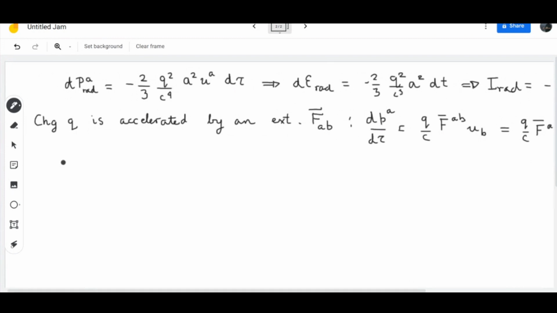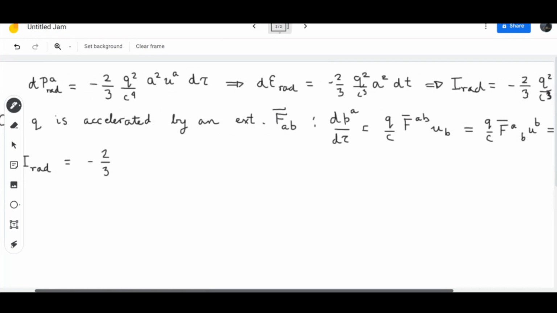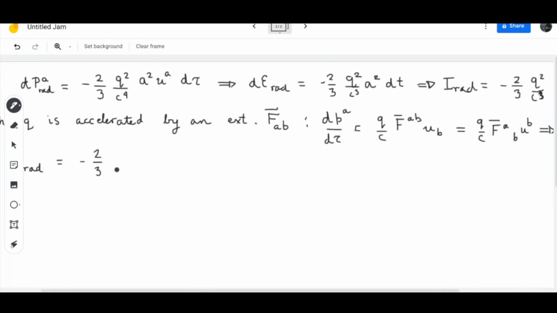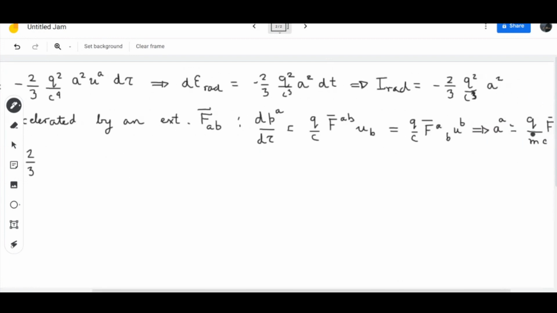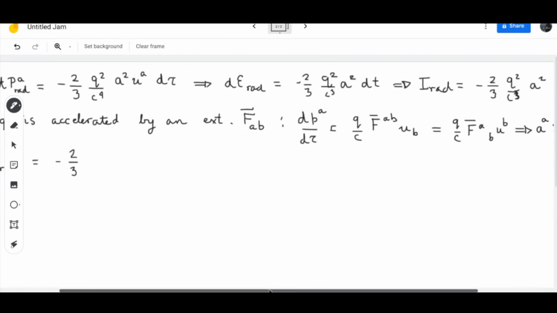So I_rad, which is dE_rad/dτ, is the power radiated. The intensity and this power are the same, is minus 2 by 3, right? q squared, and then there's a q by mc squared coming from the square. So q squared by m squared c squared times this quantity F, right? So let me write that down, 2 by 3.